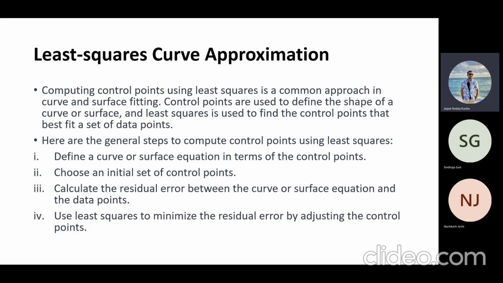First, define a curve or surface equation in terms of control points. Second, choose initial control points. Third, calculate the residual errors between the curve or surface equation and the data points. Then use least squares to minimize the residual errors by adjusting the control points.